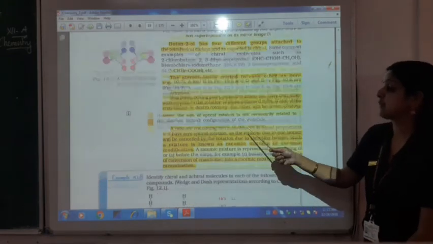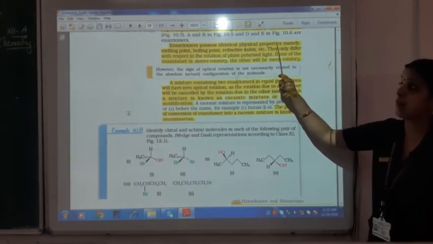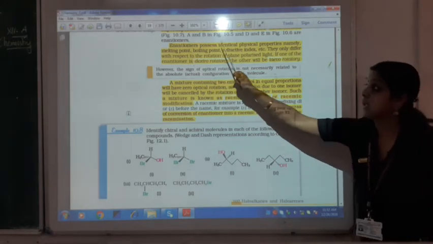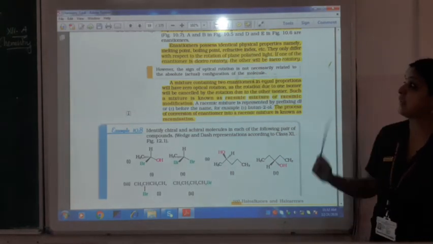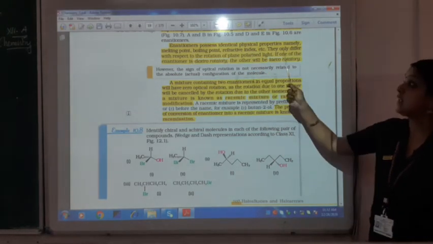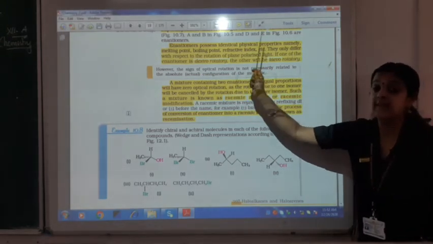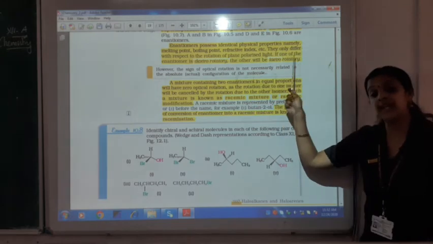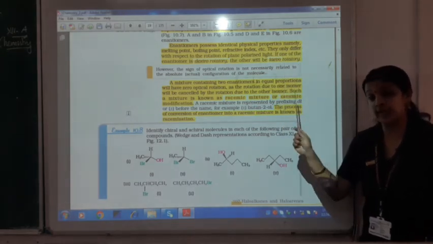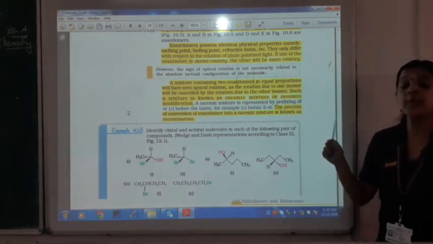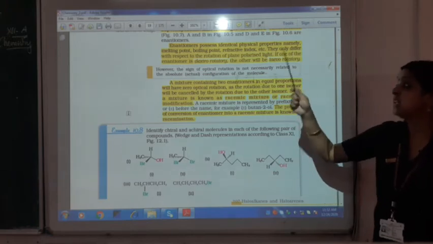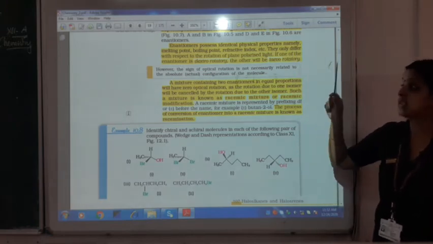Enantiomers possess identical physical properties like melting point, boiling point and refractive index. What do they differ in? They only differ with respect to the plane of rotation. If one is dextrorotatory, the other one will be levorotatory. That is, one enantiomer will rotate towards the right, the other one will rotate towards the left.